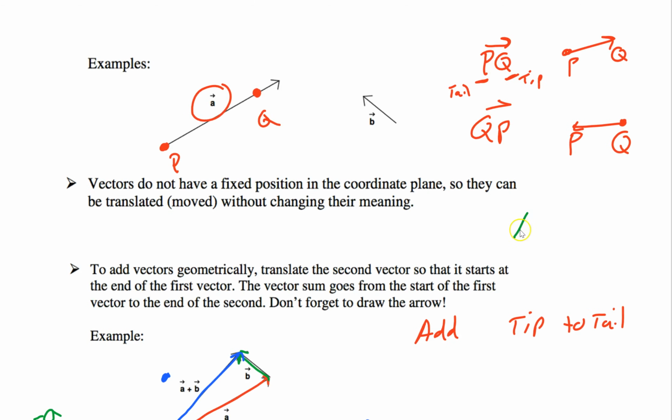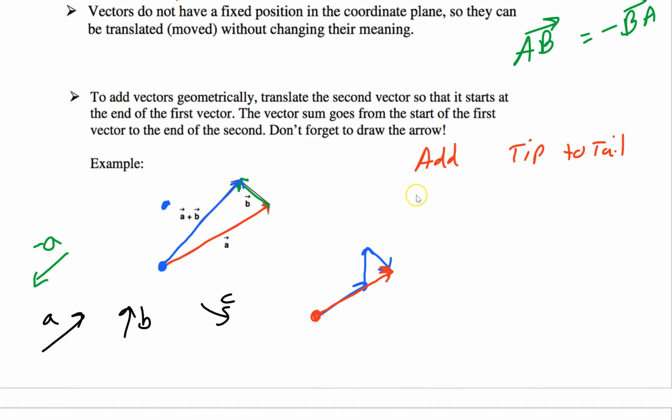That's a general rule. If you have AB and you switch it to BA, BA is going to go in the opposite direction, from B to A. So it's the same thing as saying negative AB. So another way to write BA is negative AB.